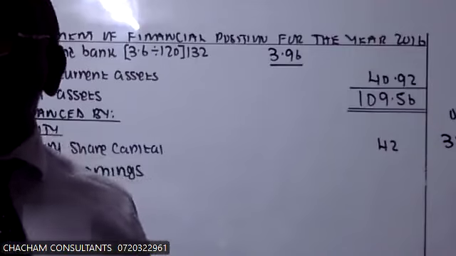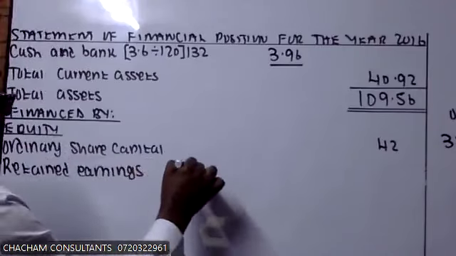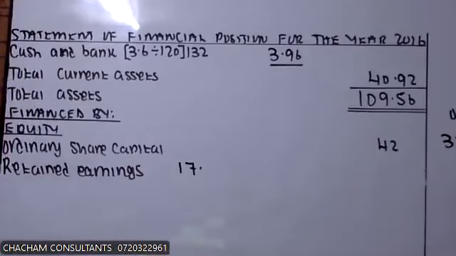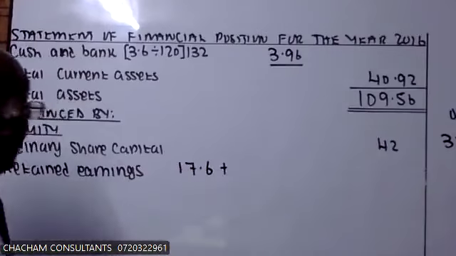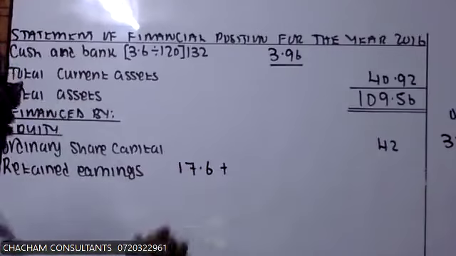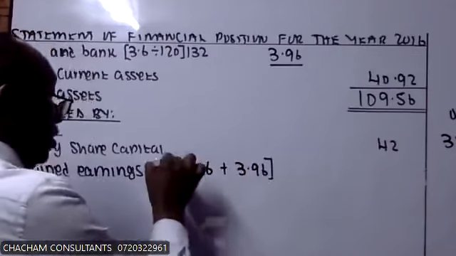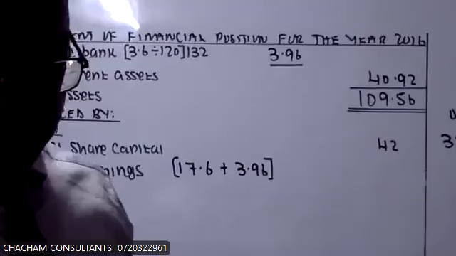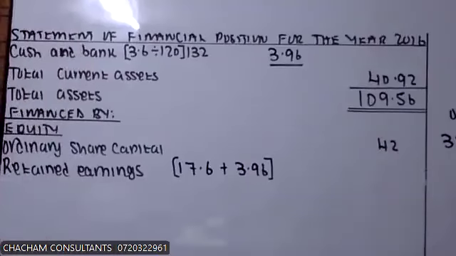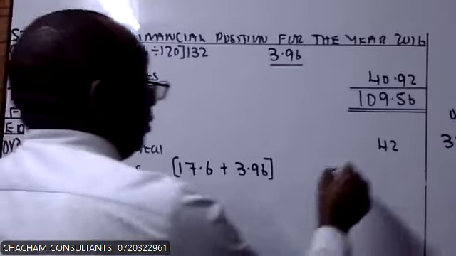3.96. Now what happens? We work with the accumulated. For the balance brought down, the balance brought down was 17.6. So unaongezea the retained for this year, 3.96. So add these two. $21.56.